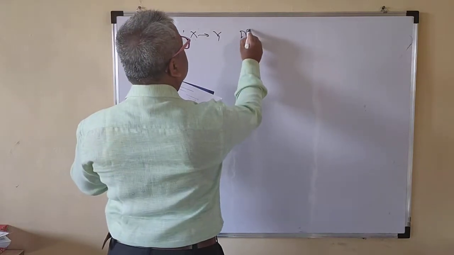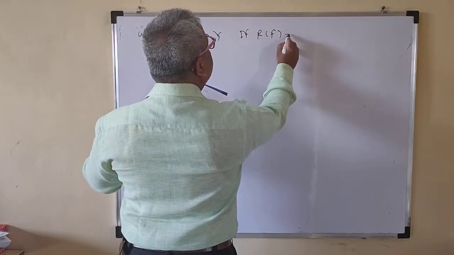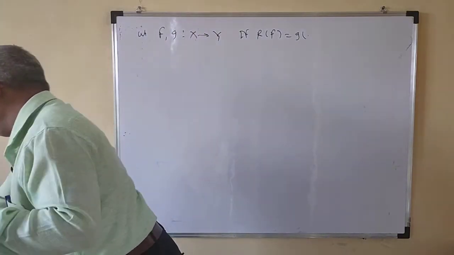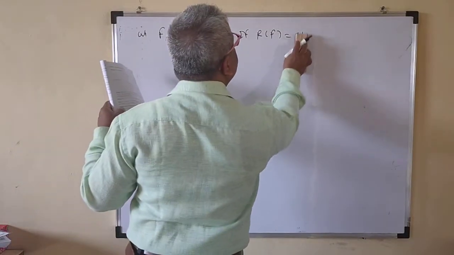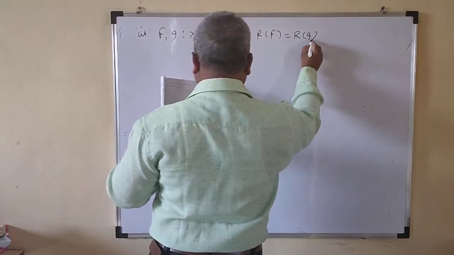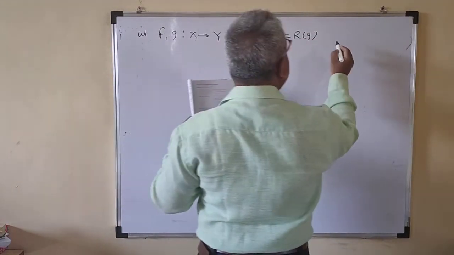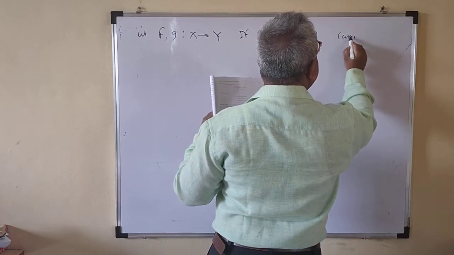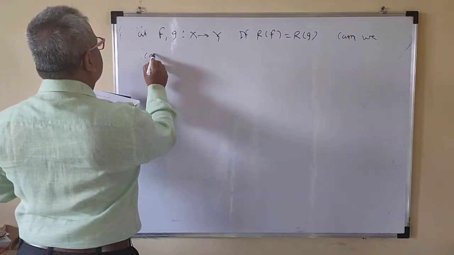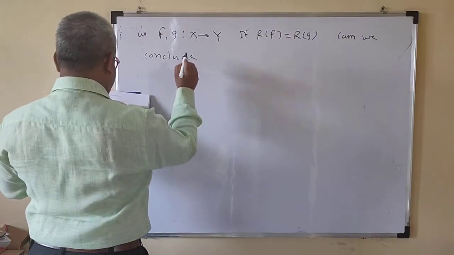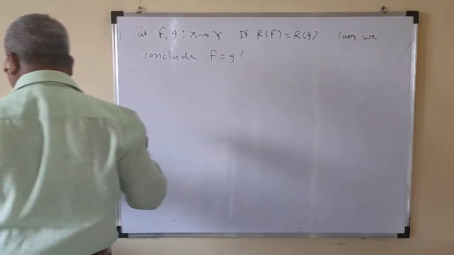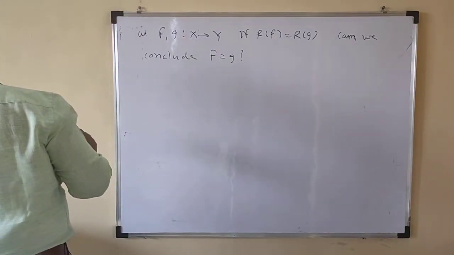If the range of f is the same as the range of g, can we conclude f is equal to g? Can you conclude f is equal to g?